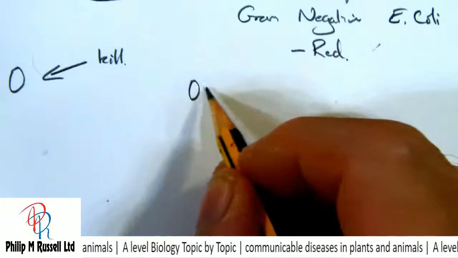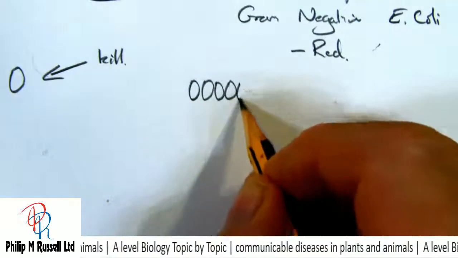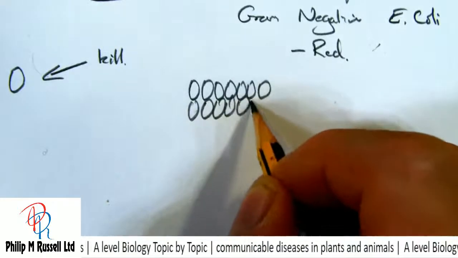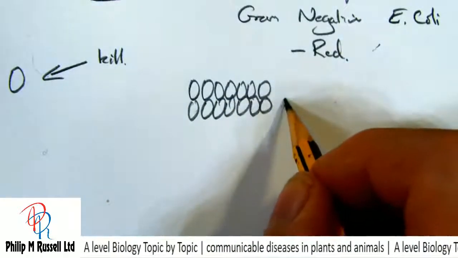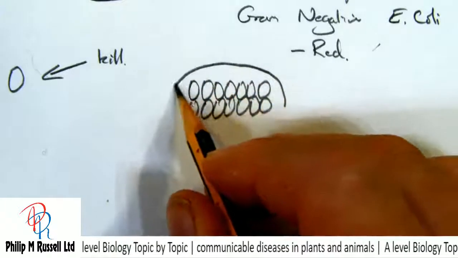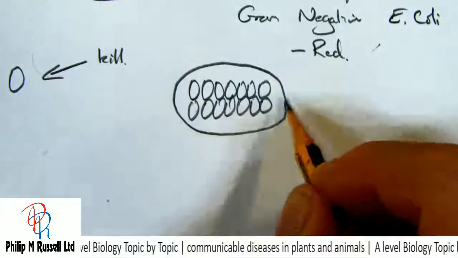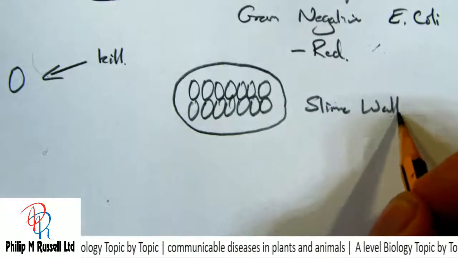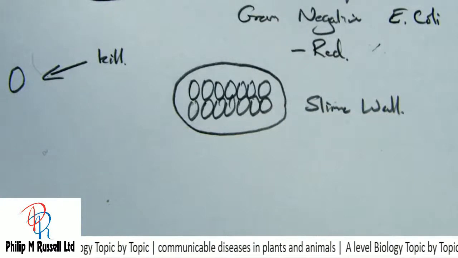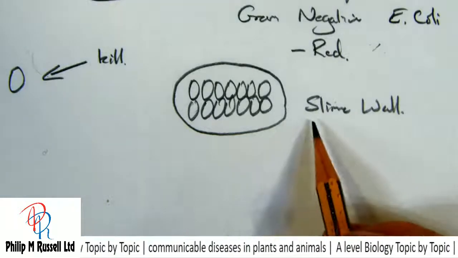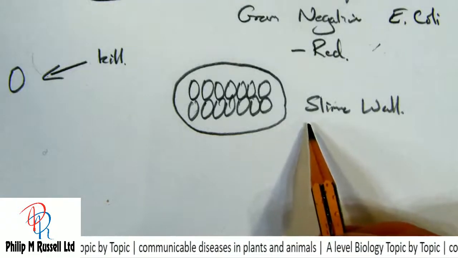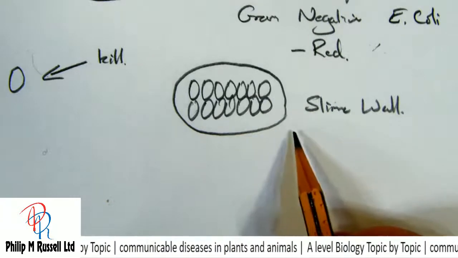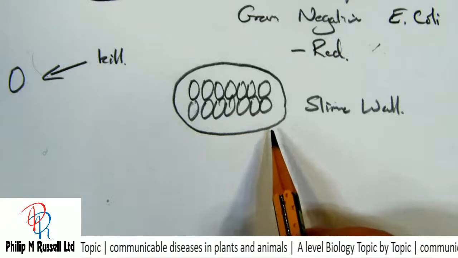But if we get a group of these bacteria, and this is where they've grown, what they can do is grow a slime wall around them. And this slime wall is much more impervious to antibiotics and all sorts of other mechanisms of killing them.